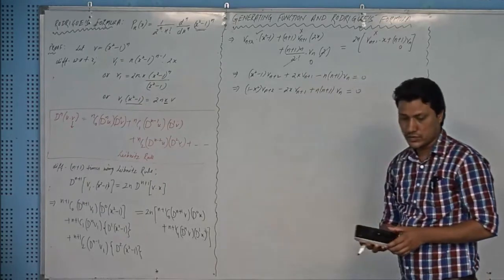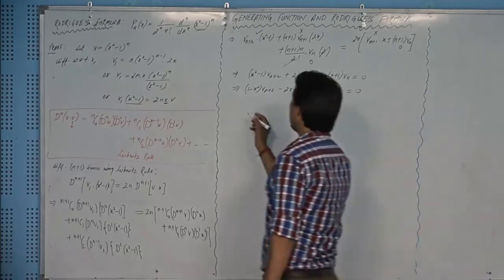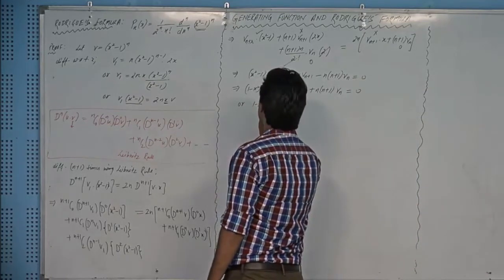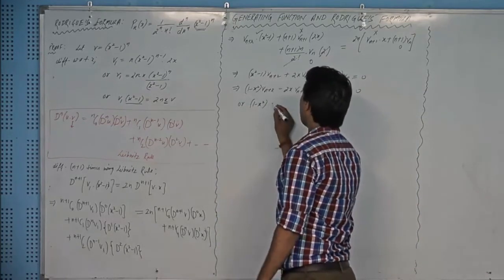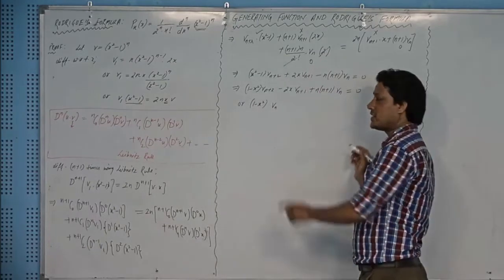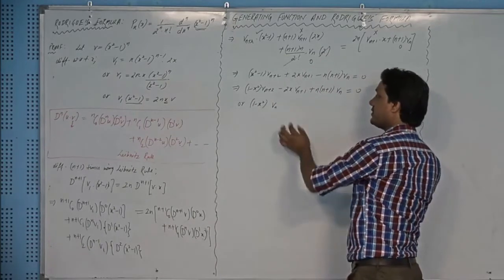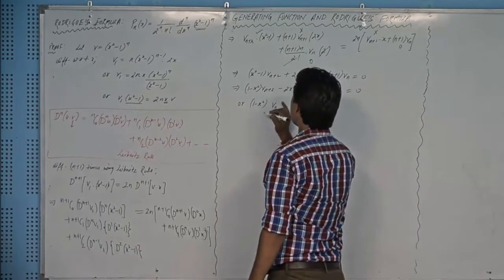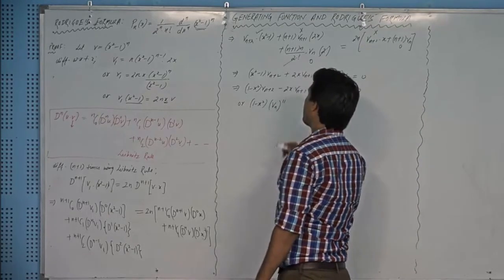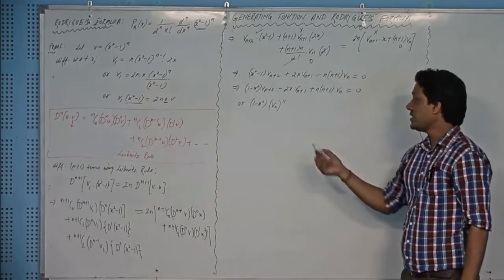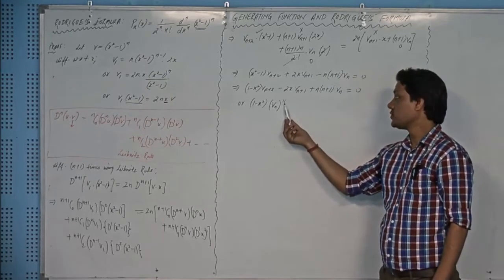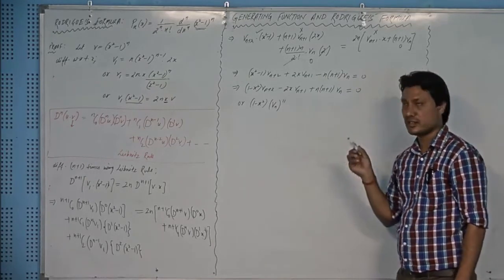Or you can write it this way also: (1 minus x square) v_n double dash, where v_n is the term differentiated twice, which will be v^(n+2) ultimately, right?